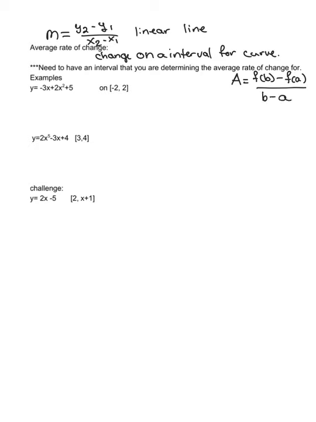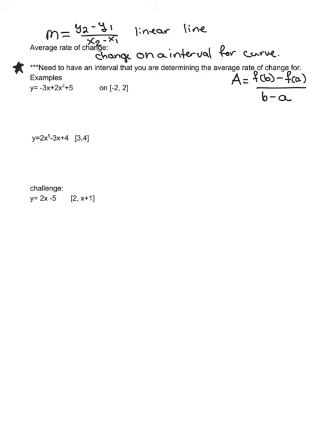So you're still essentially finding slope. This is a y value minus a y value over an x value minus an x value. So here I noted that you have to have an interval. If you don't have an interval, you can't find the average rate of change of any curve because you need to know from what x to what x you are basically finding.